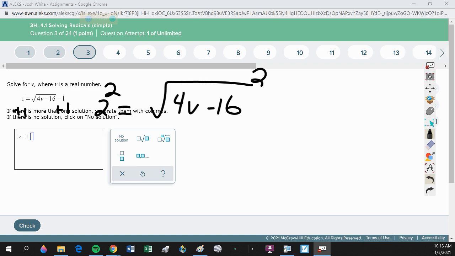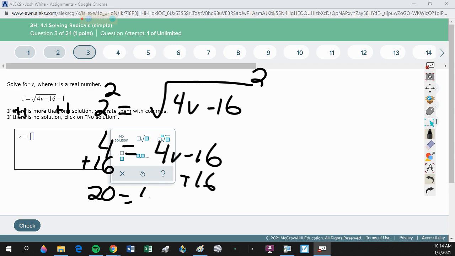Square both sides. 4 equals 4v minus 16. Add 16. 20 equals 4v. Divide by 4, and v equals 5. Now, what if I solve this and I get v equals negative 5? Is that okay? Yeah. v can be anything. But, going back to the original, this square root here has to equal a positive number or 0. It cannot equal a negative number.